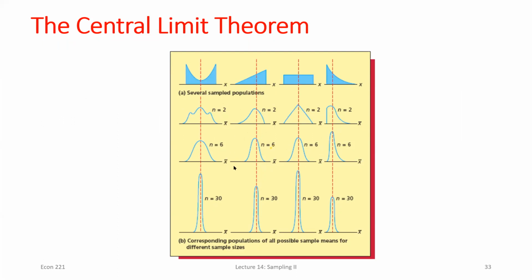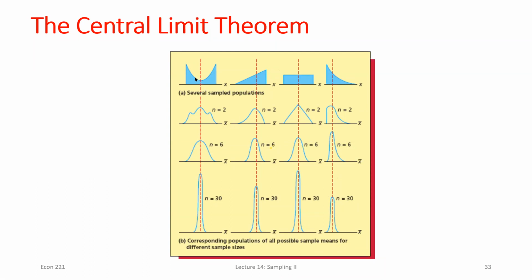Then when I get to samples of size 6, this looks pretty normally distributed. This is a little skewed. This might be skewed. This looks like it's kind of looking like a normal distribution. By the time I get to 30, none of these distributions are skewed. They're symmetric, and they're all centered around wherever the original mean of the data that we sampled from was.